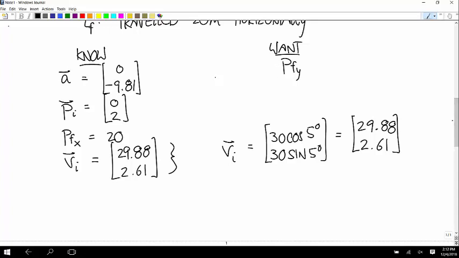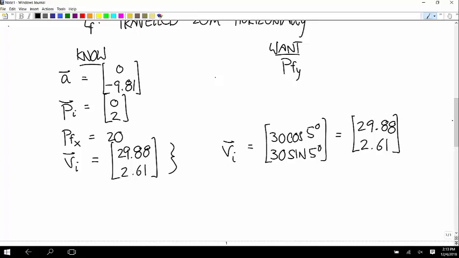One thing that a lot of people, I saw at least a few times, was that people use the equation 2 times AY times the quantity PFY minus PIY, and they used the assumption that the final velocity y component was equal to 0.